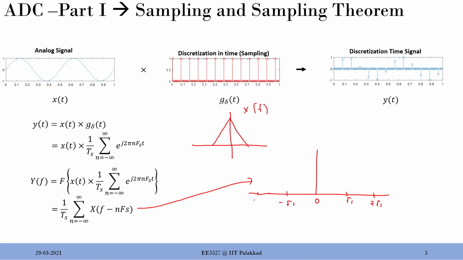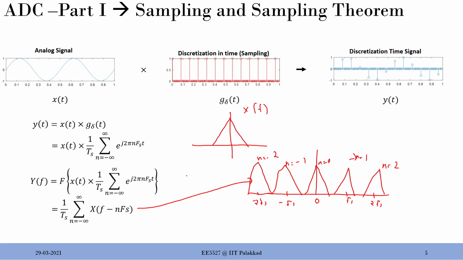If I extend to minus 2Fs and so on, this was the original signal, x of f. But this formula says that this guy is getting replicated at all these multiples, with no change in the spectrum. So this is n equal to 1, this is n equal to 2, this is n equal to 0, this is n equal to minus 1, and this is n equal to minus 2. So this is the graphical intuition of this.